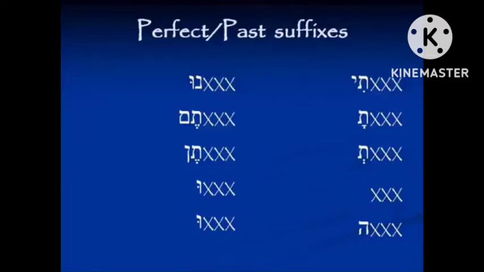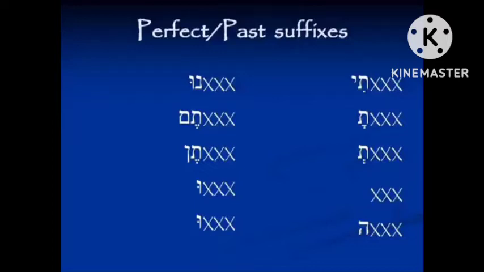For the second person masculine singular, you did something, it will end in ta. For the second person feminine singular, it's going to end in this tav with a shva at the end. We will look at some examples.